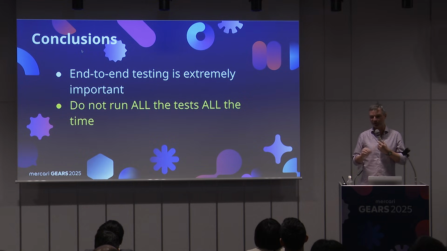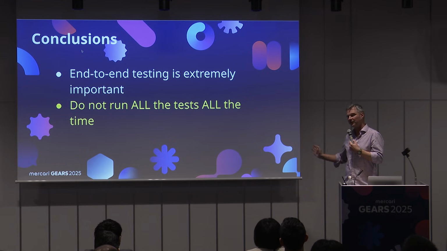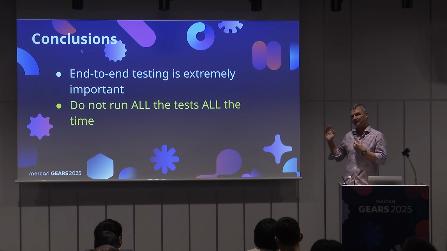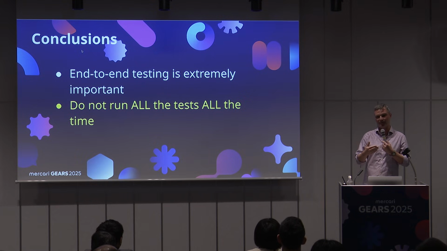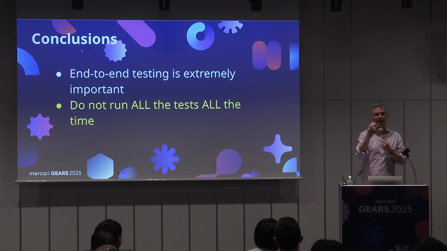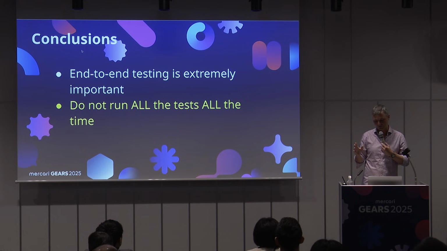Trying to just brute force it and say we're going to run thousands of tests, I think that's hard to maintain, right? And end-to-end tests, by definition, need the whole system. So it's expensive, and it can be overwhelming if you run lots of tests in parallel on your dev environment or your pull request environment. So you don't have to run them all at all times. You can pick when to run them all.